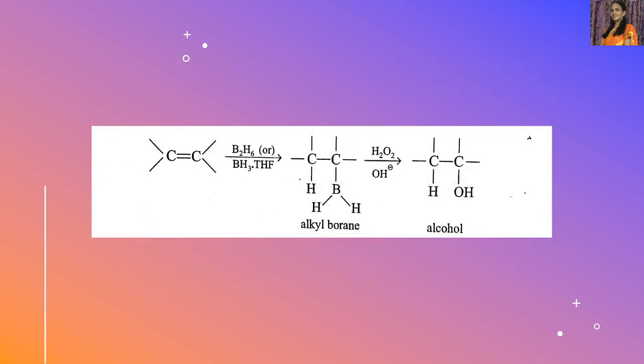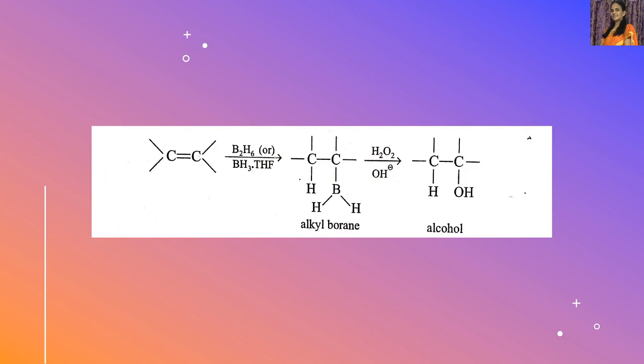Now let us see the reaction. So this is alkene, to which we add diborane B2H6 or BH3 in THF. BH3 is more stable in the form of either B2H6 or BH3·THF. Tetrahydrofuran, this is. It is added to this alkene. Then what happens from BH3? H goes to one carbon and BH2, the rest of the BH3, goes to another carbon.